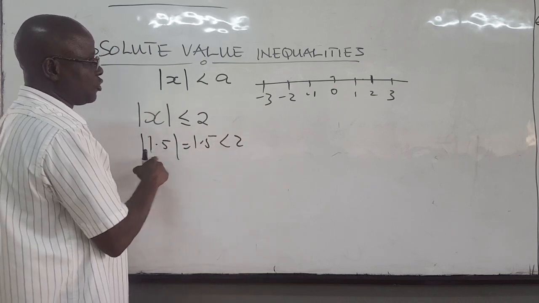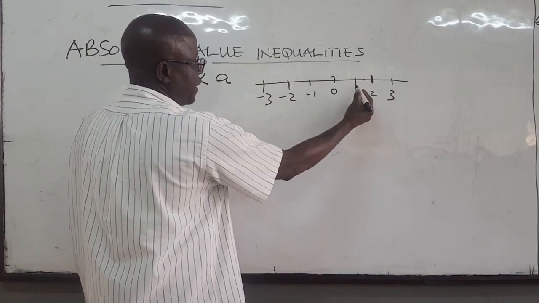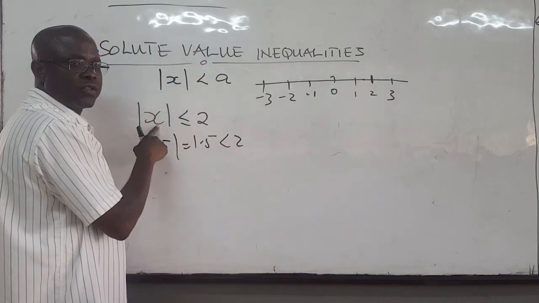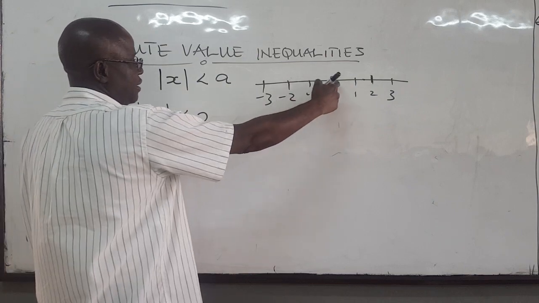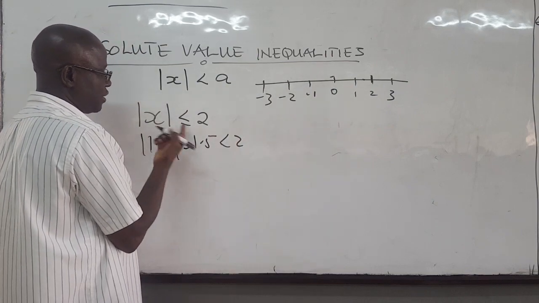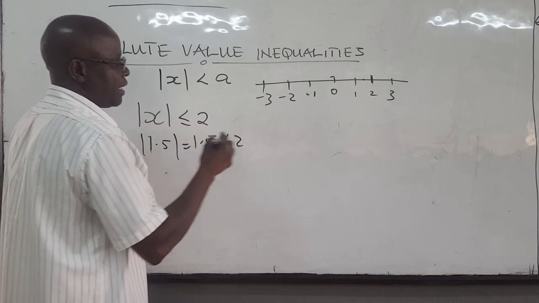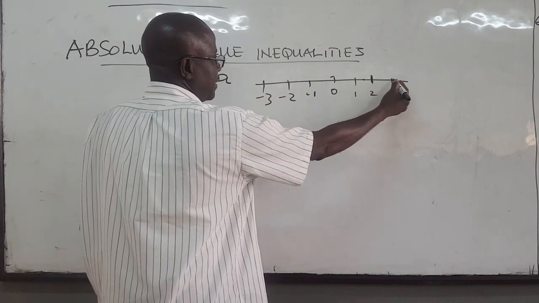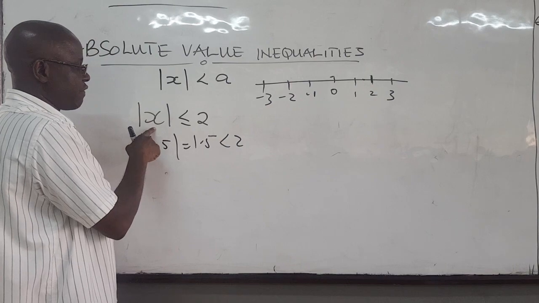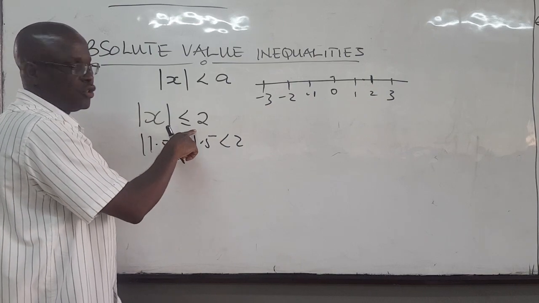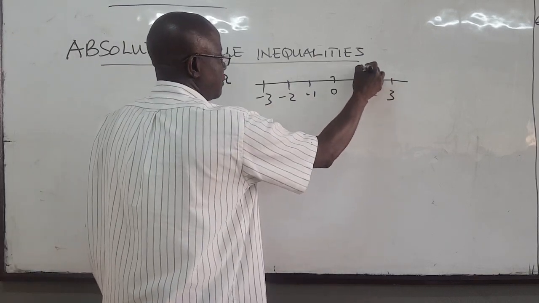So this is also true. If I take 1, the absolute value of 1 is 1, which is less than 2. If I take 0, the absolute value of 0 is 0, which is less than 2. But if I take any number greater than 2, say 3, the absolute value of 3 is 3, but 3 is not less than 2. So we are starting from here.